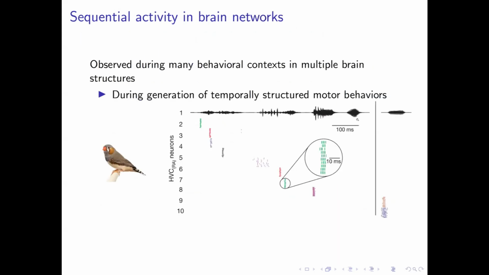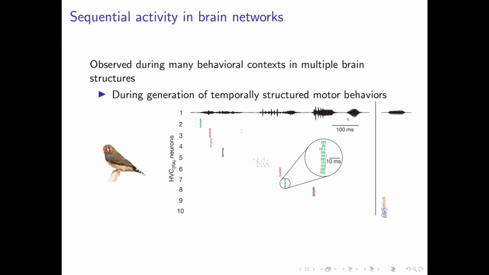The phenomenon of sequential activity has been observed in many different structures, during many different behaviors. A very common behavior, of course, is again generation of temporally structured motor movements.